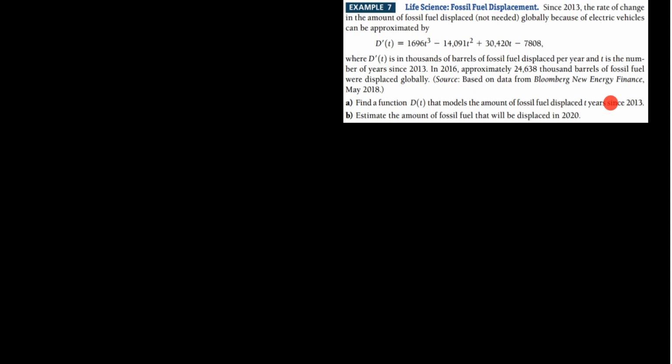In order to do this, all we have to do is take D prime of t, the rate of change, and integrate it. So let's put our integral sign and get to work. This is probably going to take up some space.